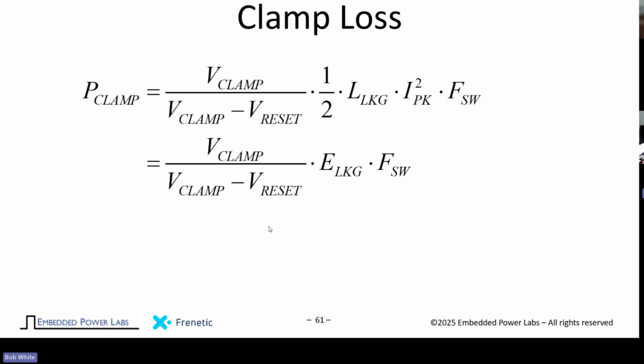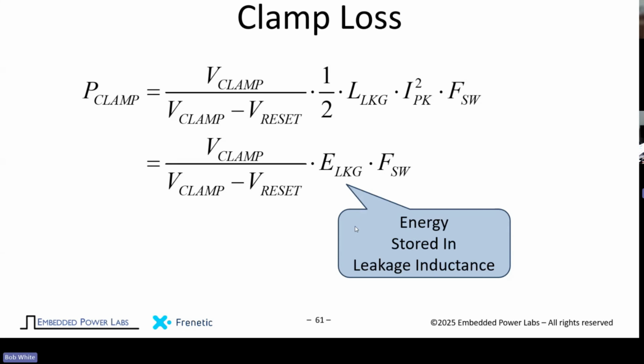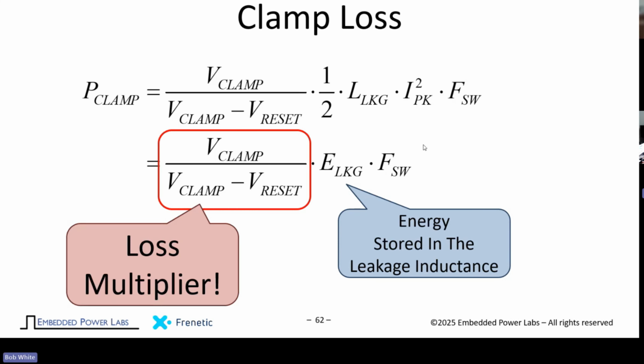But what we get is this result here, that the power in the clamp is proportional to the energy that was stored in the leakage, the half L i squared of the leakage, but we have now this loss multiplier term. And it's related to the voltage we choose on the clamp and the reflected voltage from the output.